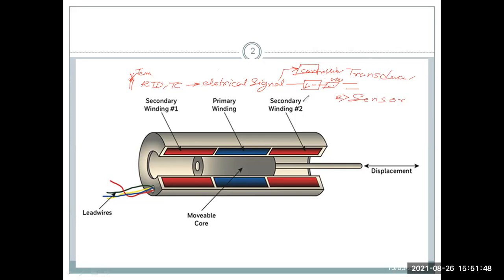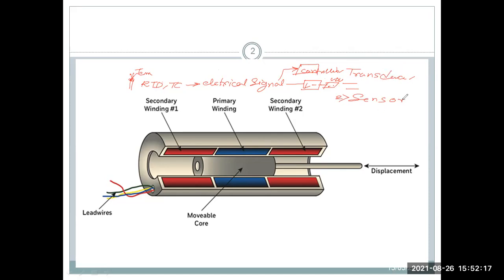And today our topic is LVDT, linear variable differential transformer. So it is a transducer. The sensor only senses it, and the transducer is just like a coin. One side of the coin is the sensor, another side of the coin is the transducer.